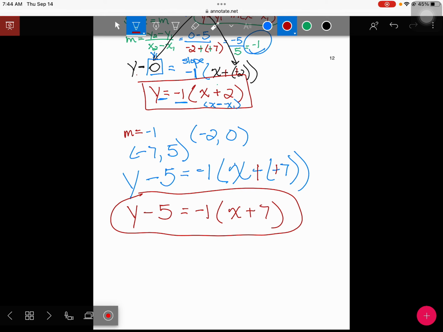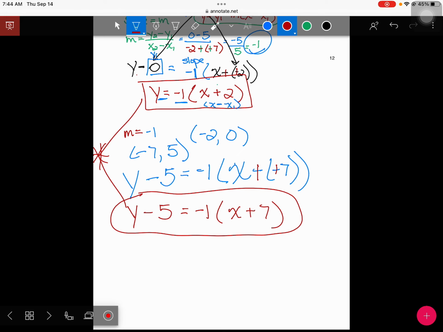Yeah, but Miss Steedy, how come those are not the same? Did we use the same points? No. So a line has infinitely many points on it. So you are going to have a lot of different values, okay? But these are both correct when it comes to point slope form.